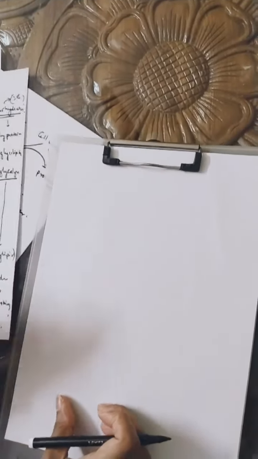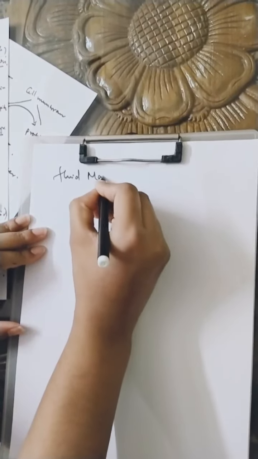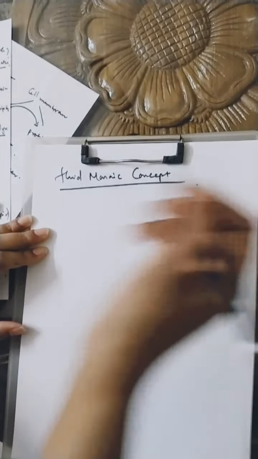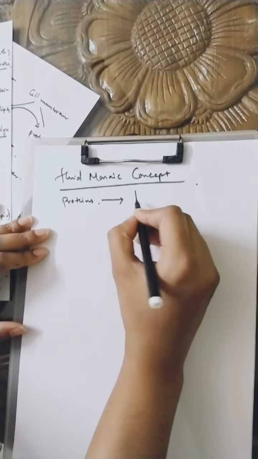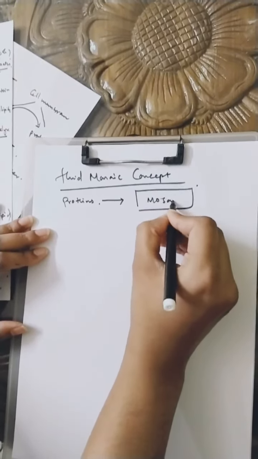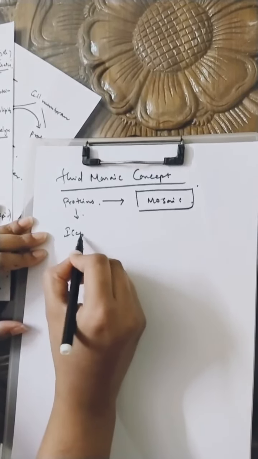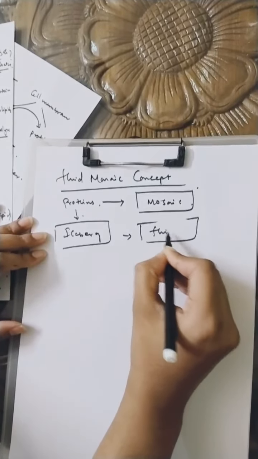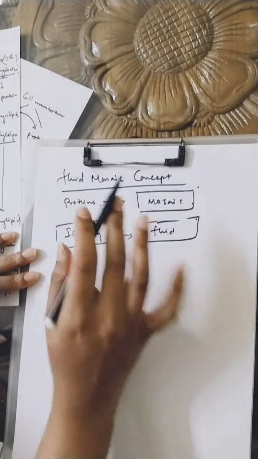So what exactly has been stated in the fluid mosaic model? The fluid mosaic concept says that the proteins are present in a mosaic pattern. They are just like icebergs floating in a fluid ocean.